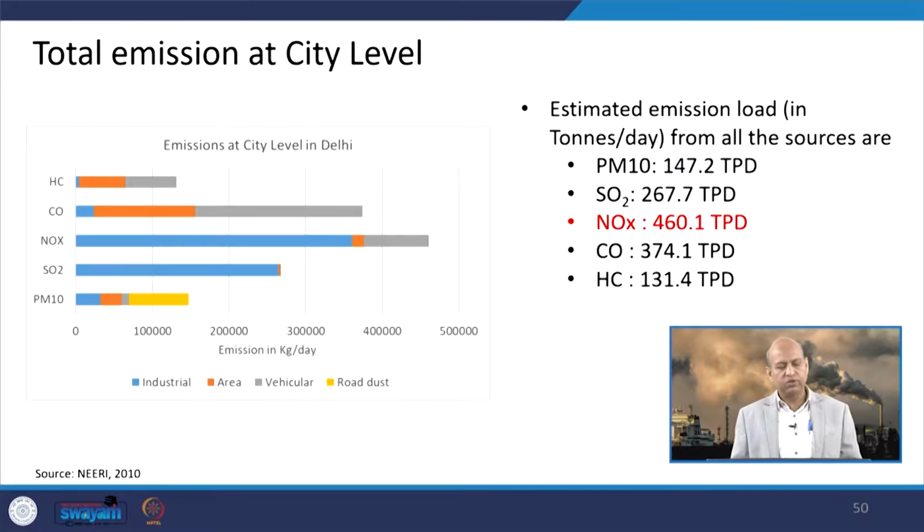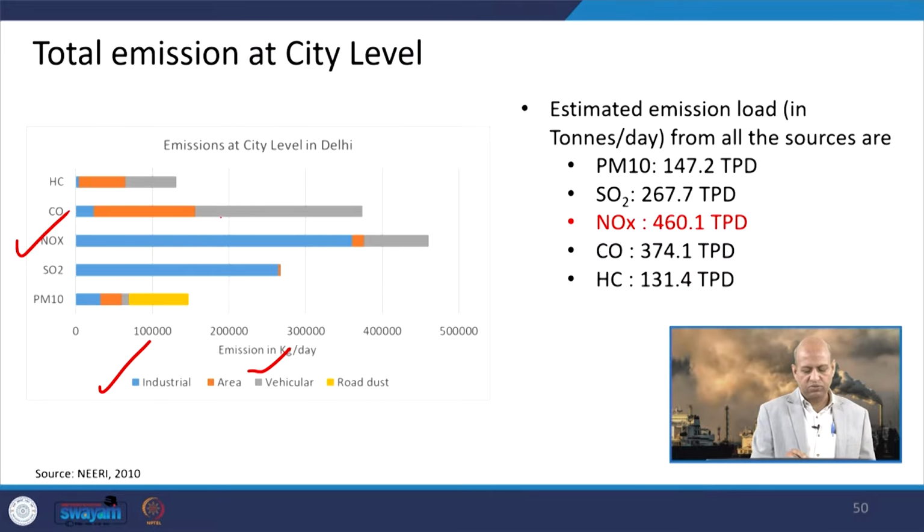When we talk about the city level, NOx emissions are the highest, and they are coming from industrial as well as vehicular emissions. Second is CO, which is coming majorly from vehicular and then from area sources. SO2 is basically coming from industrial sources.